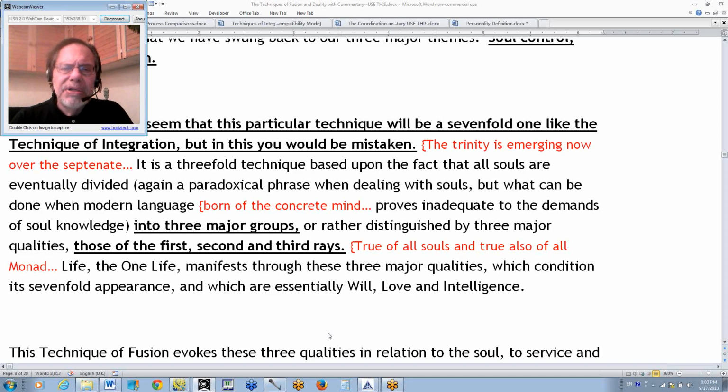It's not much discussed that the monad can turn logoic, but so it must be, if it's to take the journeys which begin on the cosmic physical plane and go to higher cosmic planes. It has to pass through the logoic plane.